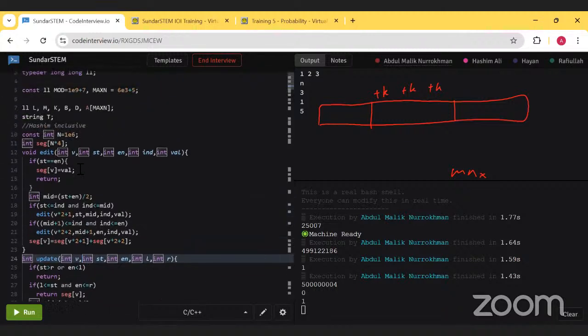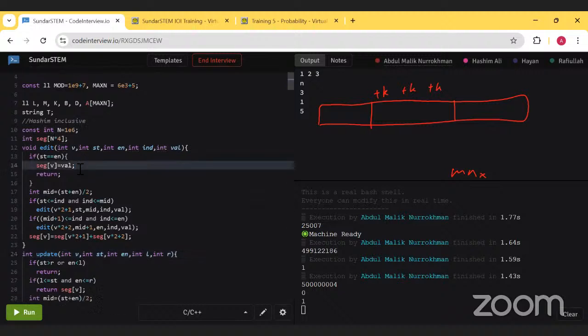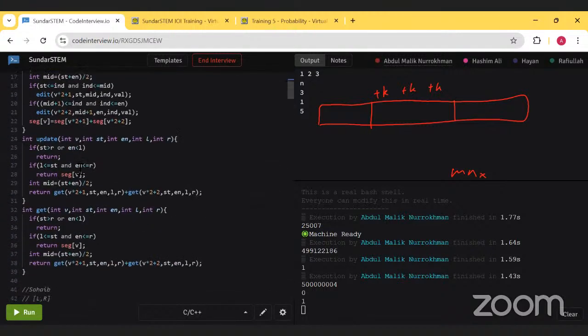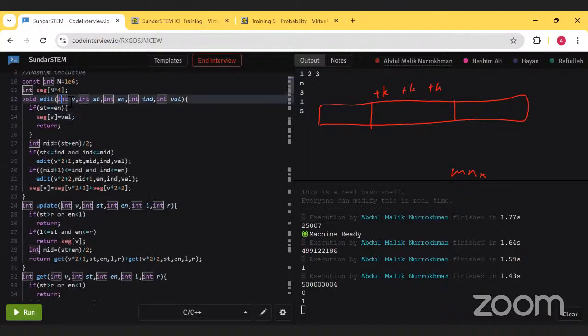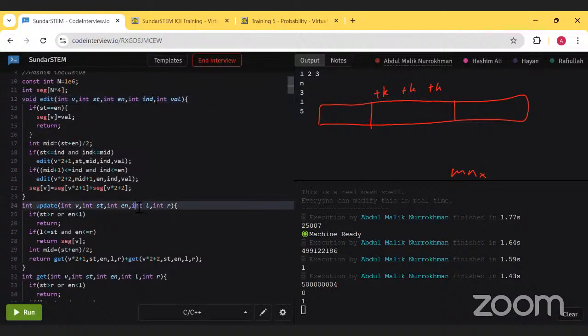And then how to update it? In order to update it, the parameter will be like this: v, st, n, start, n, and then not just index but index from L to R inclusive, and then this is value.